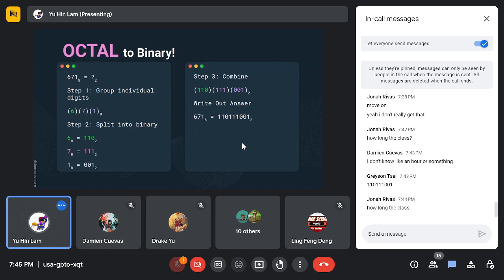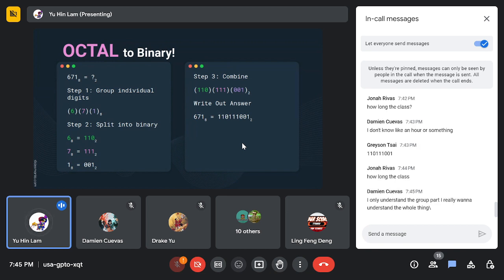Don't worry, you guys can just ask questions. Are there any questions? Because it's best that we understand this well, because later on, our next one, when we're converting hexadecimals, is basically using the same concepts. That's okay.